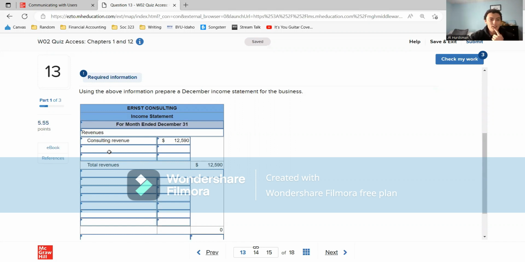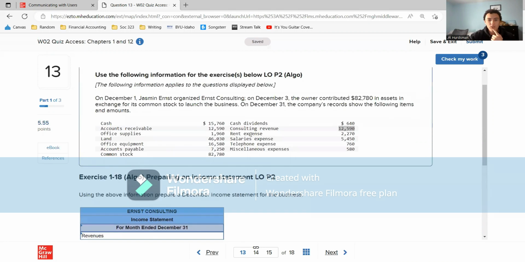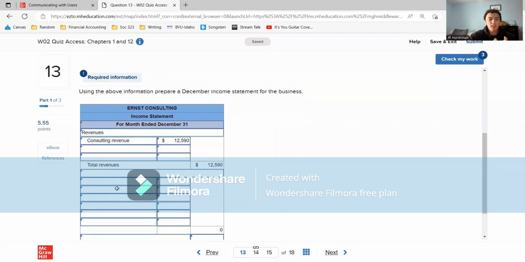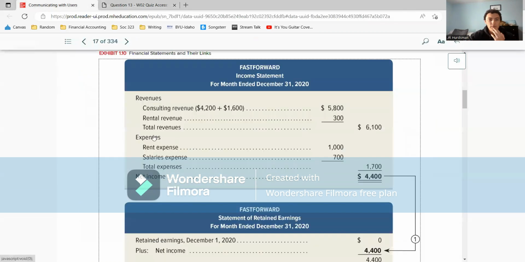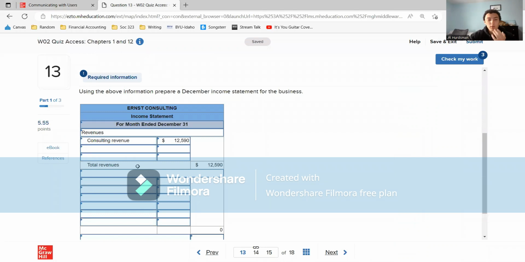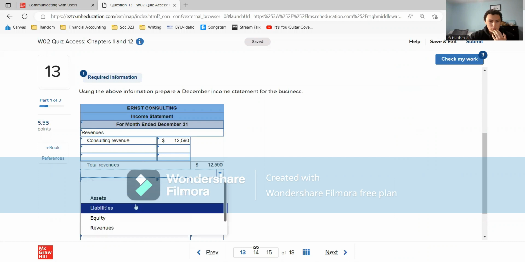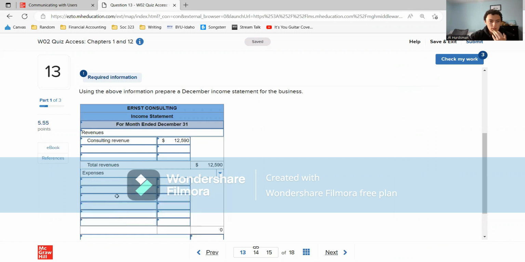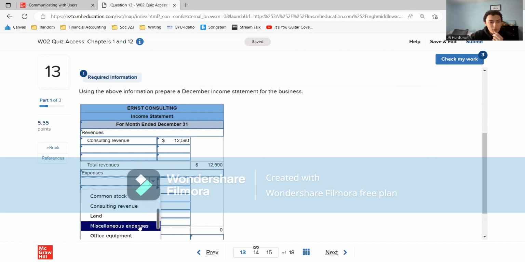So we got the revenues, and there weren't any other revenues. The next part is expenses, right? Yep, expenses. Expenses are basically anything you have to spend money on. Pretty self-explanatory. We're going to click on anything that says expenses.